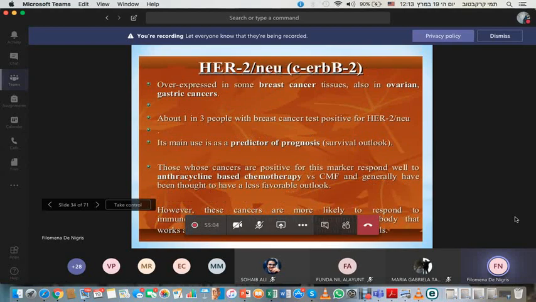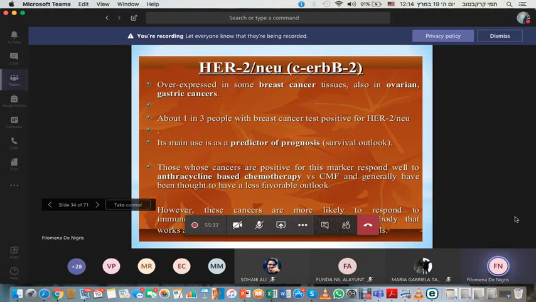Also, for HER2, it is expressed in breast cancer. Anyway, it is a predictor of prognosis. The patients that are positive to this receptor can benefit from treatment with an antibody against this receptor.